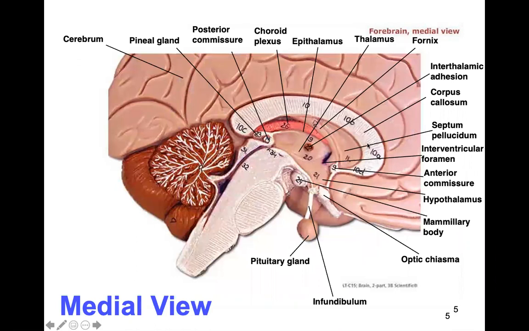From this view, corpus callosum, the white structure here. On this view, choroid plexus, interthalamic adhesion. This whole structure here is the thalamus. Underneath it, hypothalamus, infundibulum, leading to the pituitary gland.